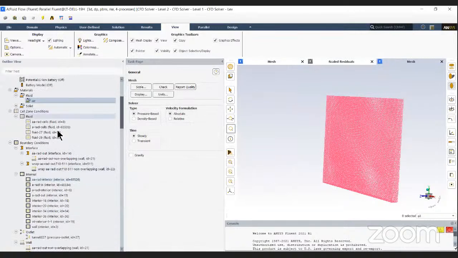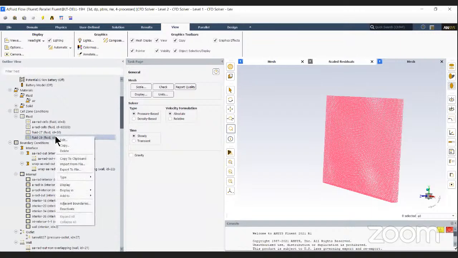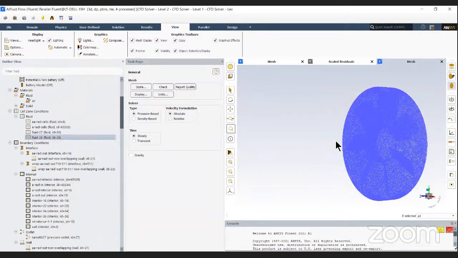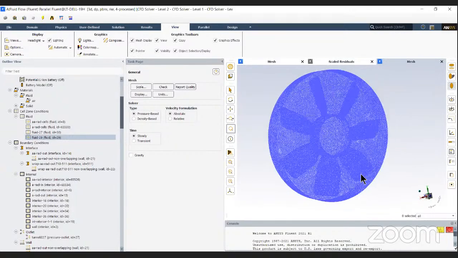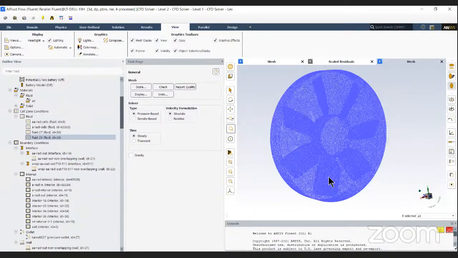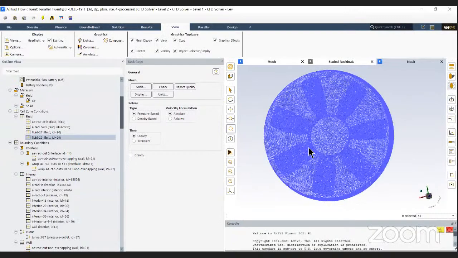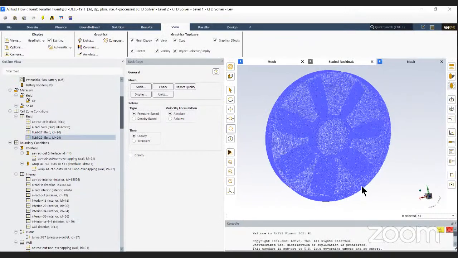And then if I were to talk about the moving reference frame zone, which is something that I have been talking about, this basically encompasses all the moving parts for this particular problem, right? And you will notice that it doesn't have any stationary parts as such. So everything that is inside this zone is actually moving.